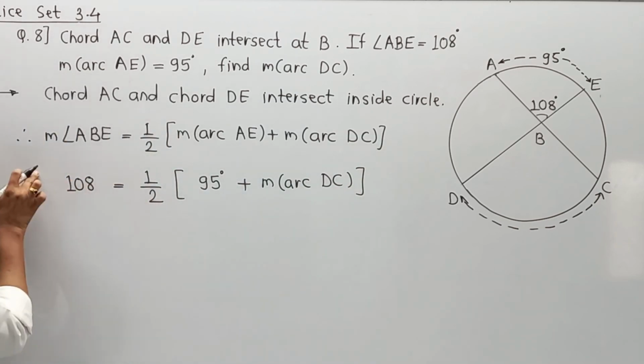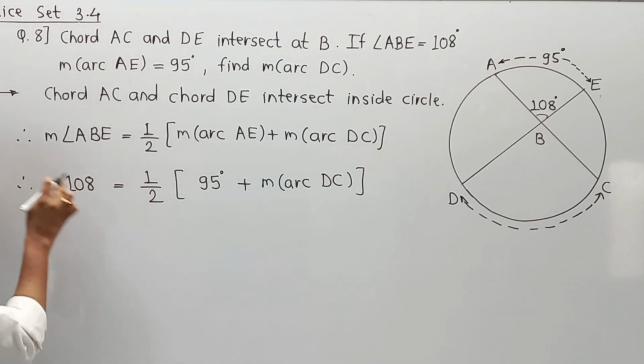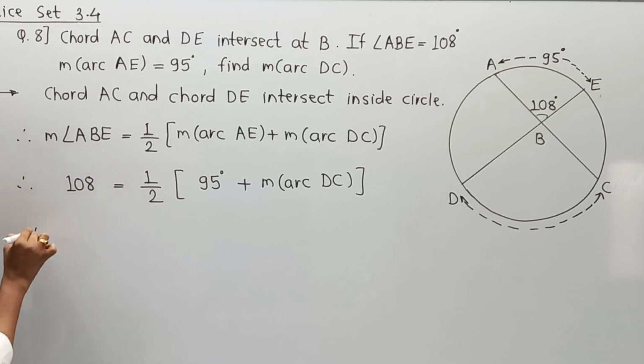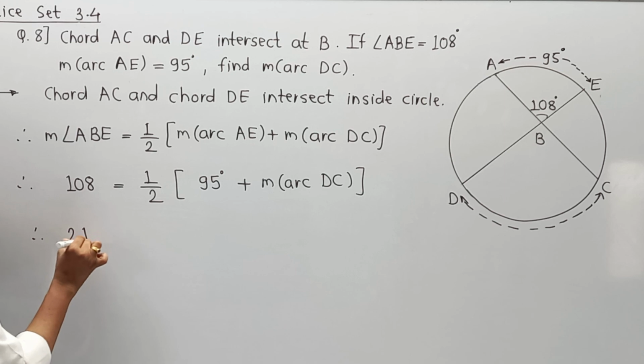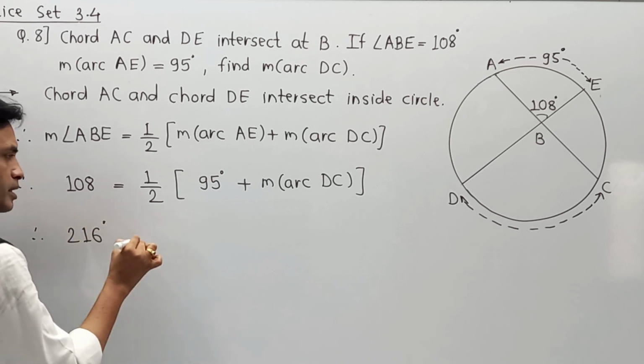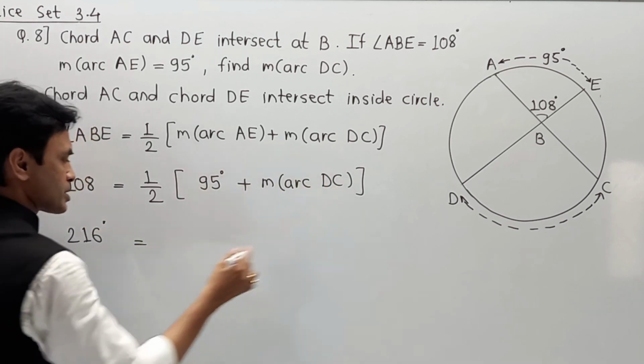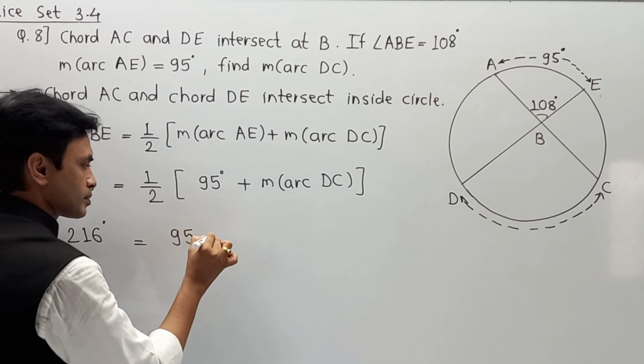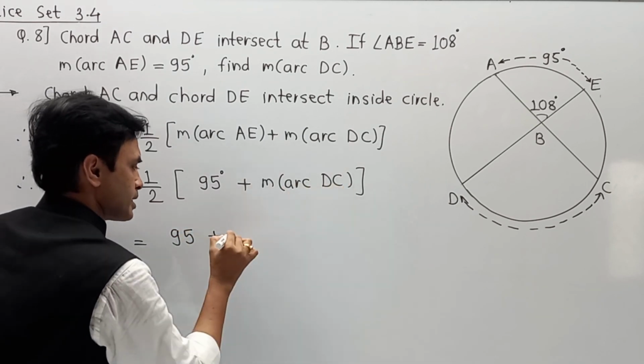Now this 2, which is divided, goes to that side, and divided becomes multiply. So 2 into 108, 216, is equal to 95 plus major arc DC.